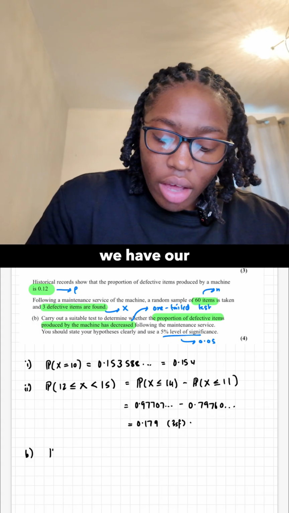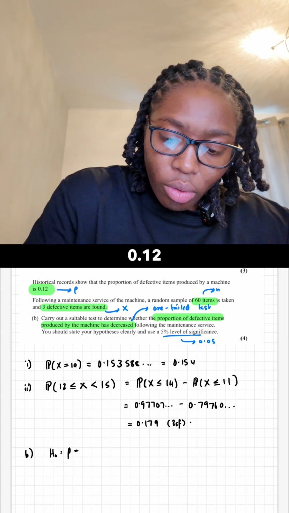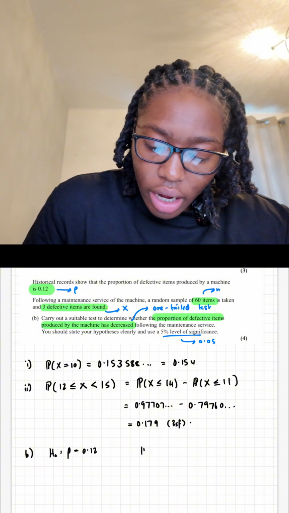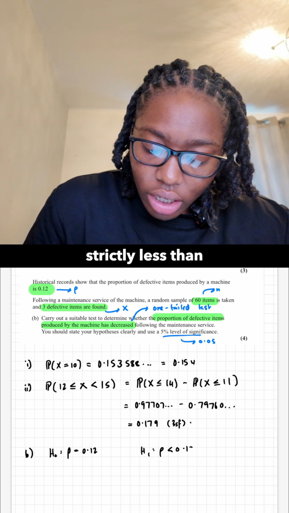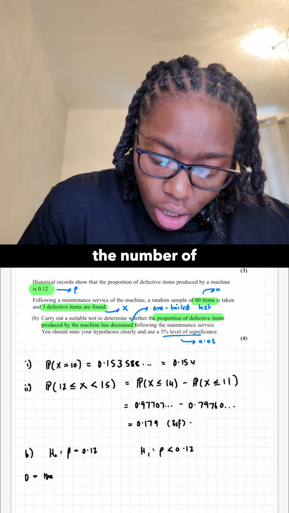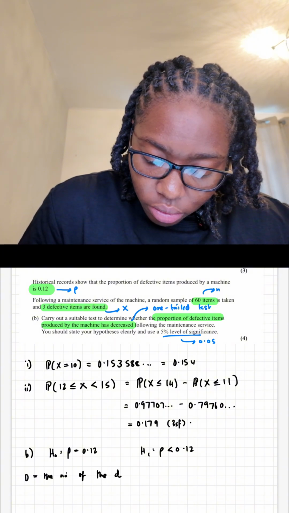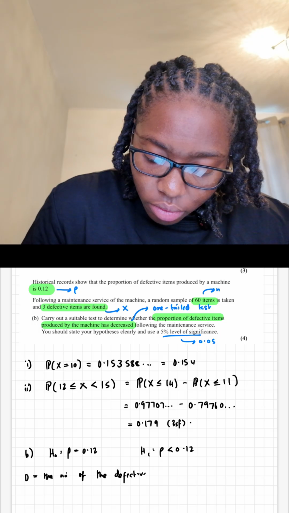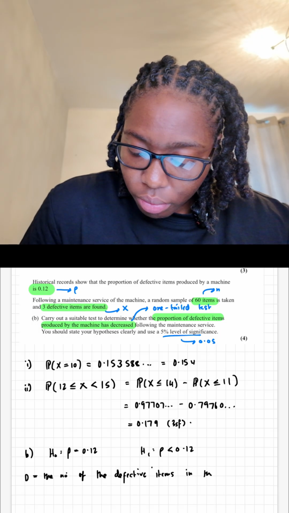So writing this out, we have our null and alternative hypotheses. Our null is going to be P is equal to 0.12, and our alternative hypothesis is going to be P is strictly less than 0.12. Now, let D equal the number of defective items in the sample.